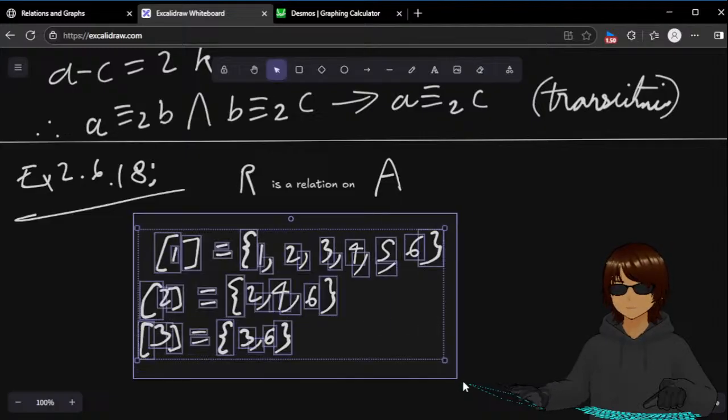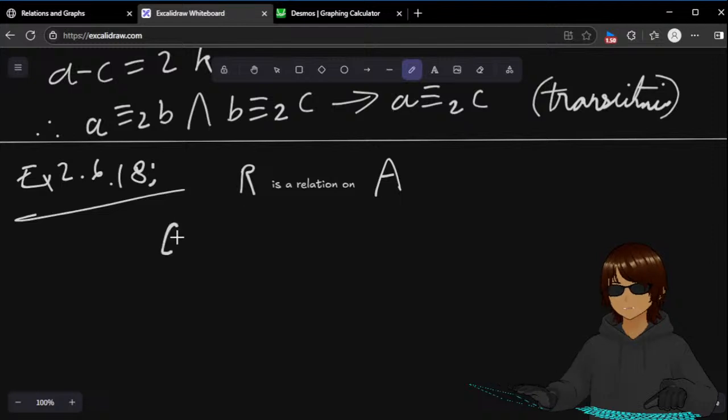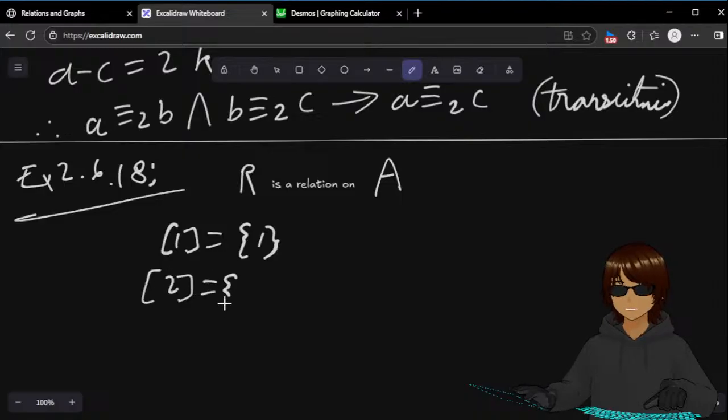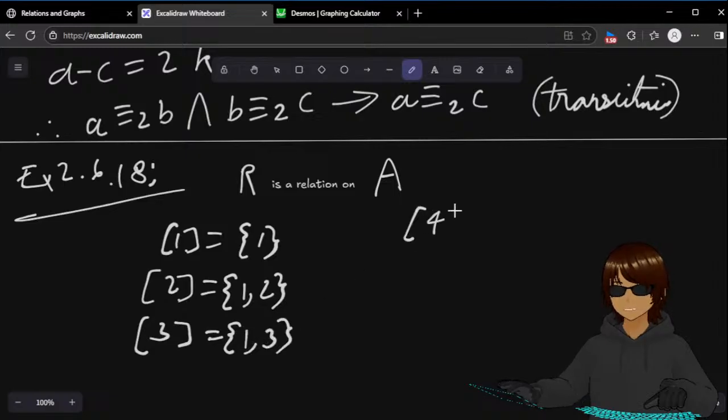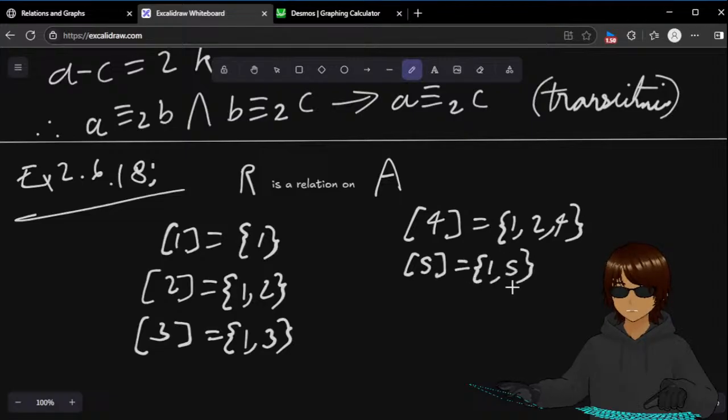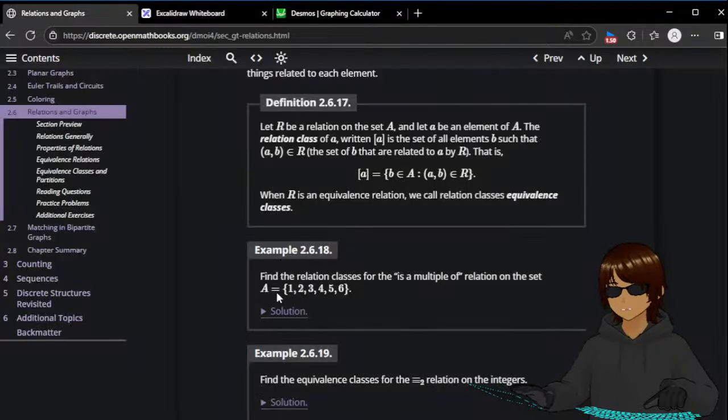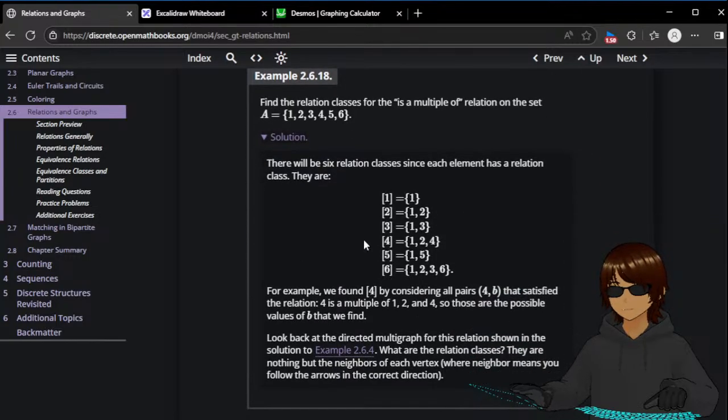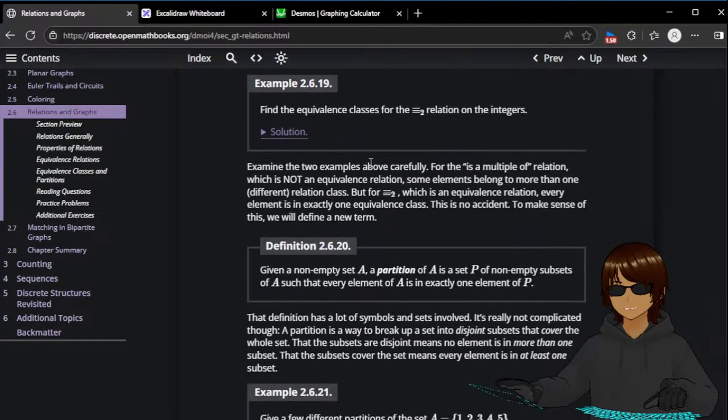I think I got this wrong. 1 is a multiple of itself. 2 is a multiple of 1 and 2. 3 is a multiple of 1 and 3. 4 is a multiple of 1, 2, 4. 5 is a multiple of 1, 5. 6 is a multiple of 1, 2, 3, 6. This is it, right?